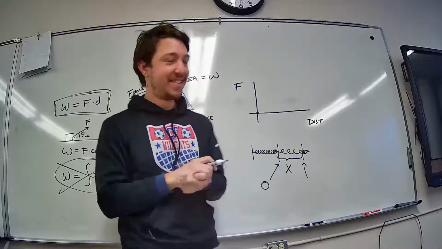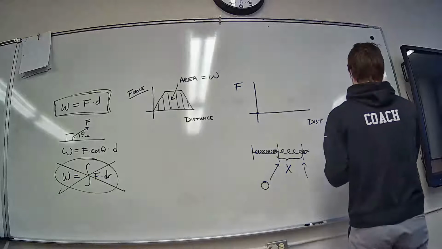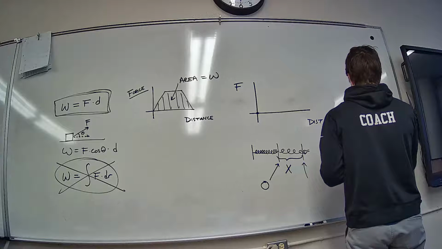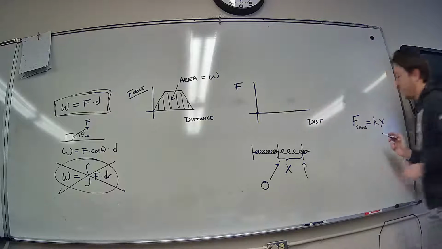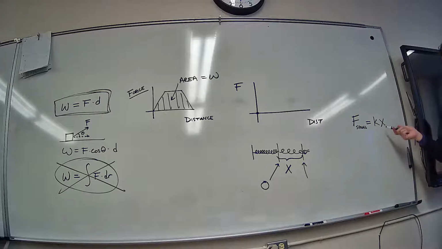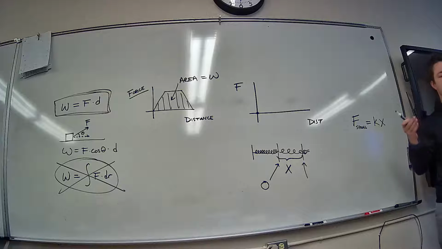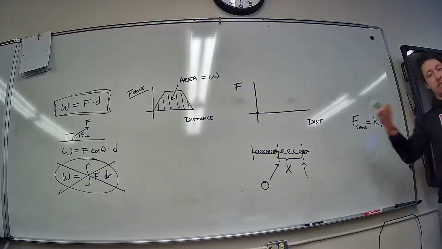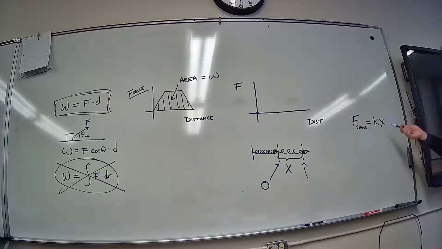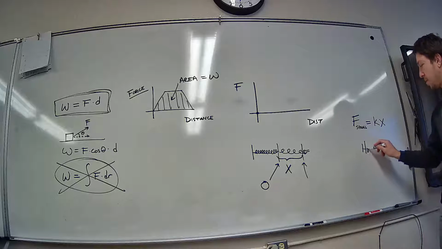The spring force, remember guys, is kx. So in this form, remember springs exhibit a linear behavior, right? So if you double the displacement, you double the force. So in this formula, it's called Hooke's law, by the way.